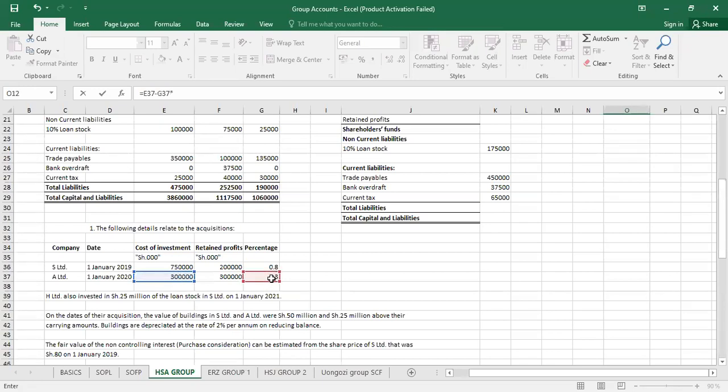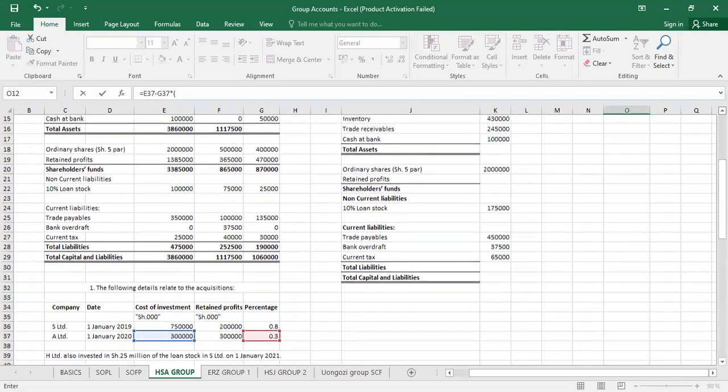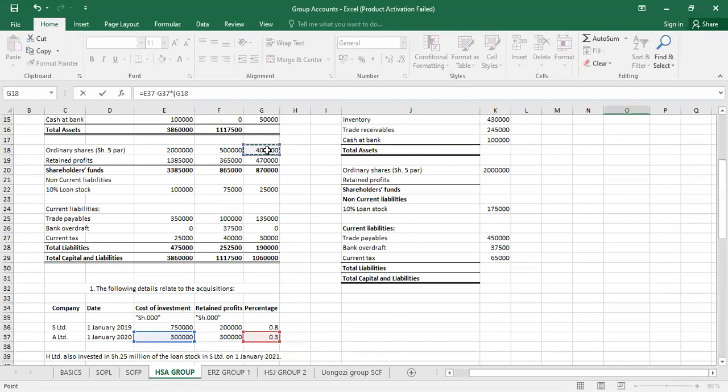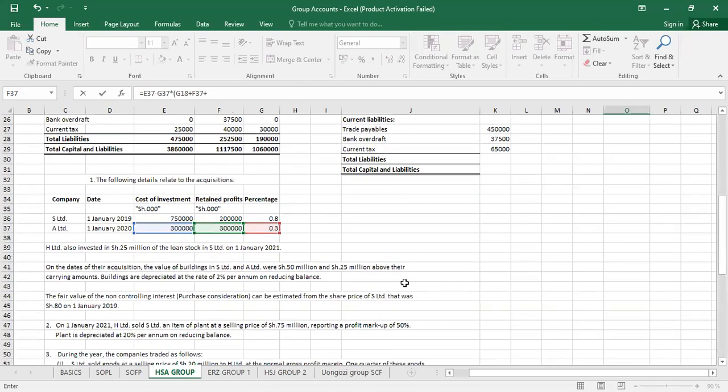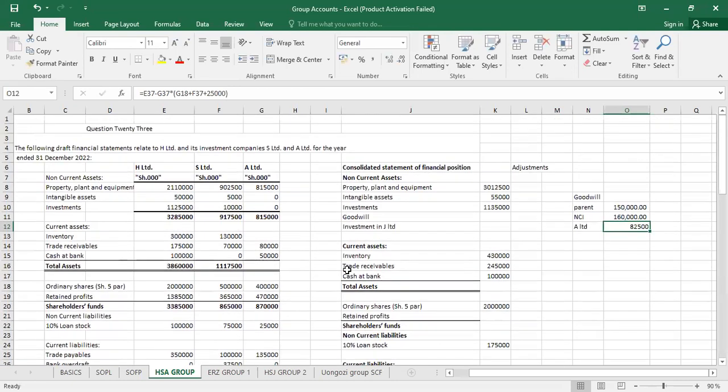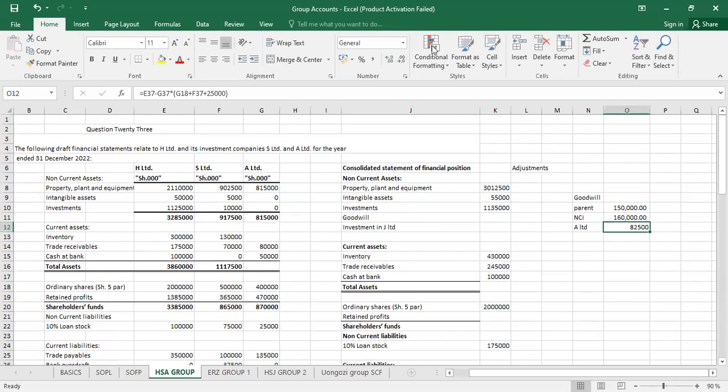You multiply by, open my brackets there. So I take the share capital plus the pre-acquisition retained earnings plus the revaluation of 25 million. Then I close my brackets, Control Enter, Control Backspace to jump to the active cell. Let me see on the chart.